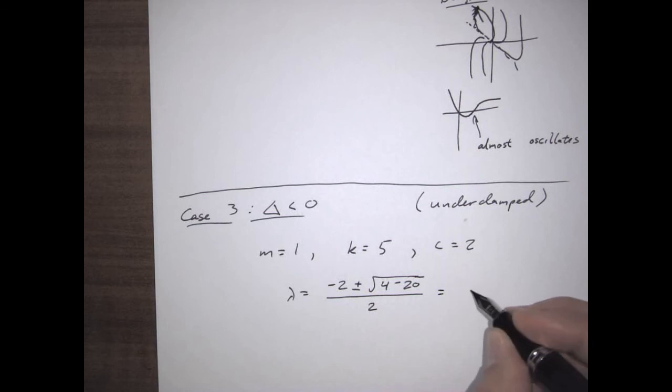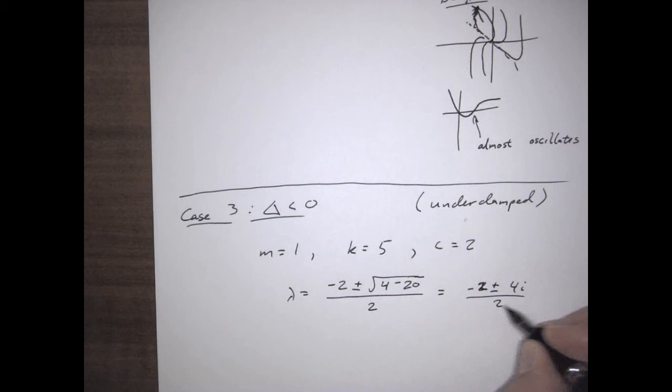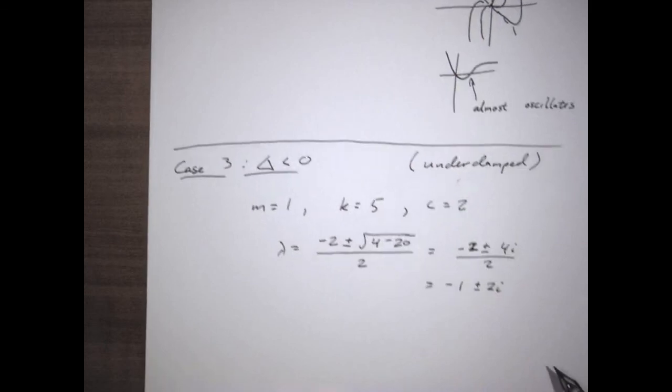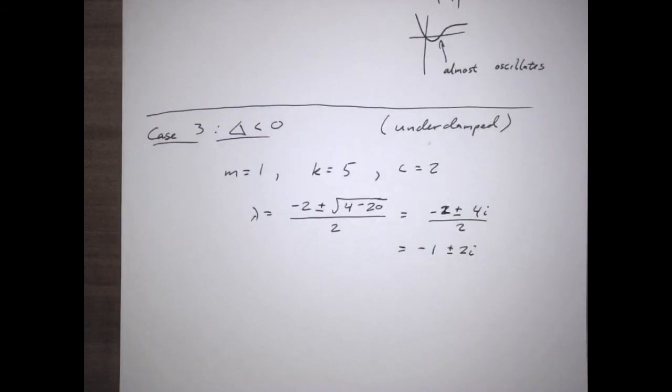So it's going to be negative 2 plus or minus the square root of negative 16, so 4i, all divided by 2. It's going to be negative 1 plus or minus 2i. And so it's going to be a spiral with negative real parts, so it's going to be a spiral sink.